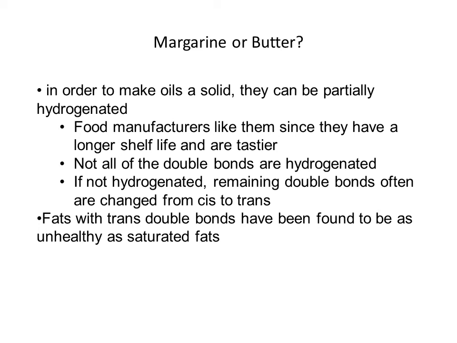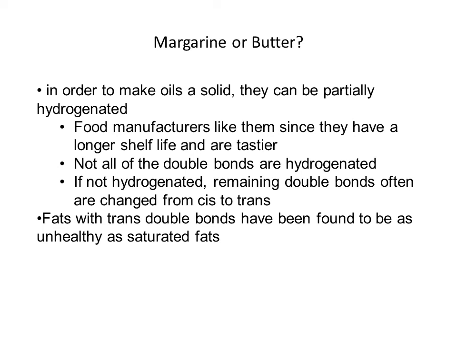But when they partially hydrogenate, they don't add enough hydrogen to make all the double bonds be hydrogenated, and when the carbon-carbon double bond comes off the catalyst without the hydrogen there to saturate it, usually the conformation has been changed from cis to trans.